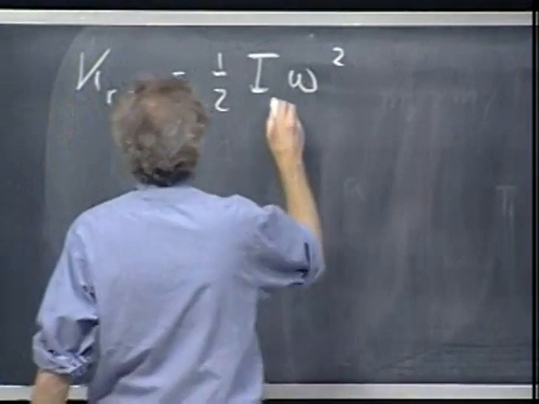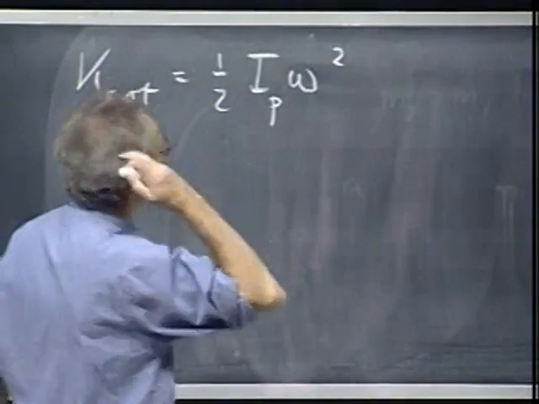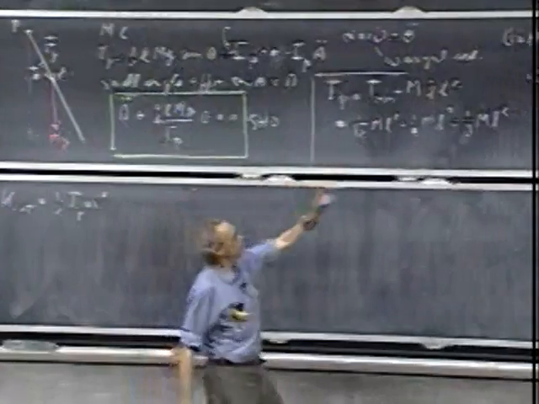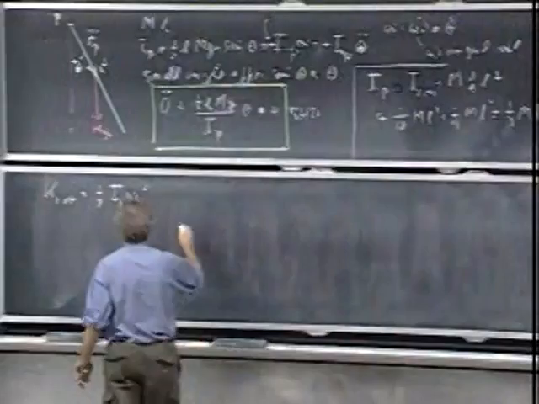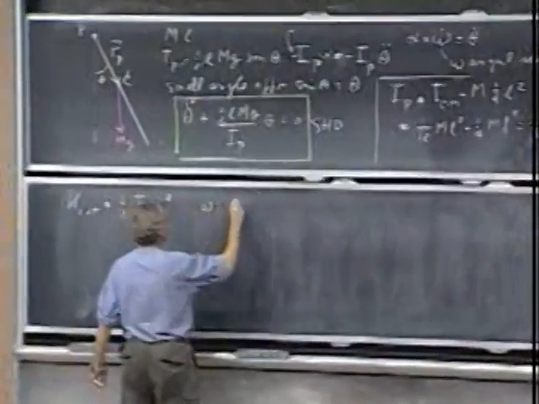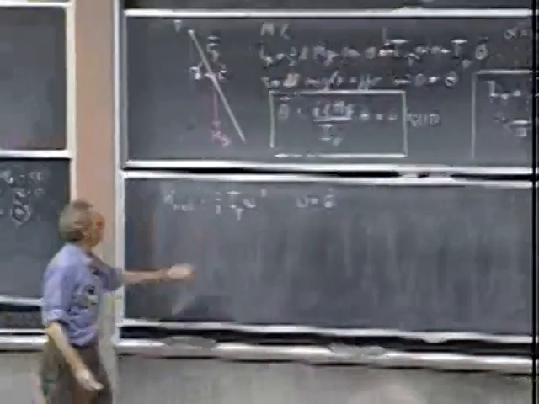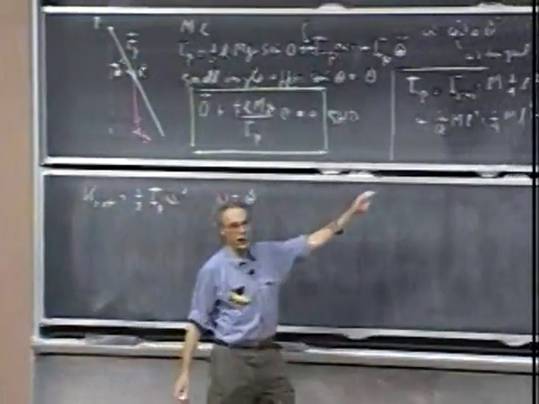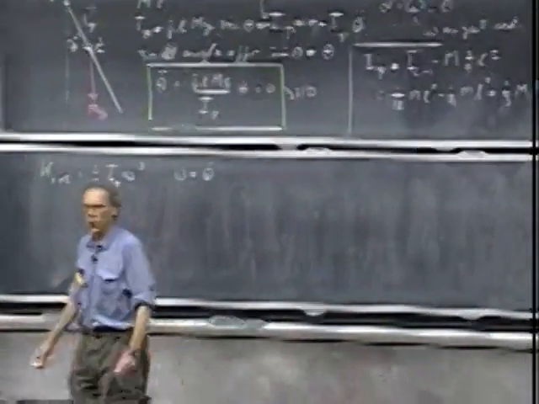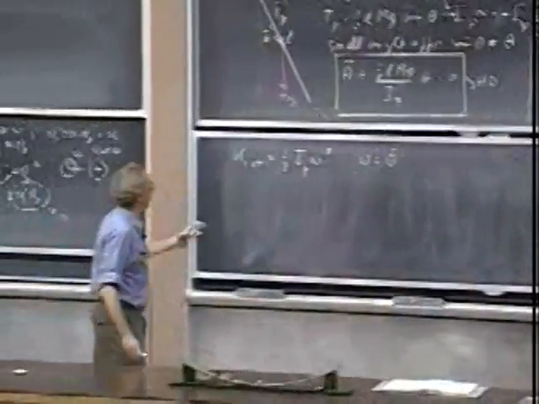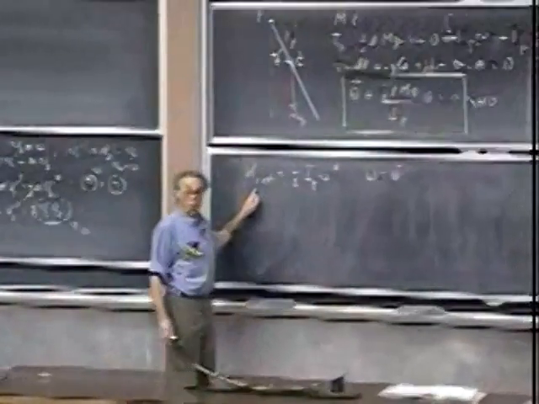This is I about that point P. You know what θ is as a function of time, so ω equals dθ/dt. So you can find what ω is. You know what I of P is; we just calculated it. And so you know what the kinetic energy of rotation is at any moment in time. It will change.